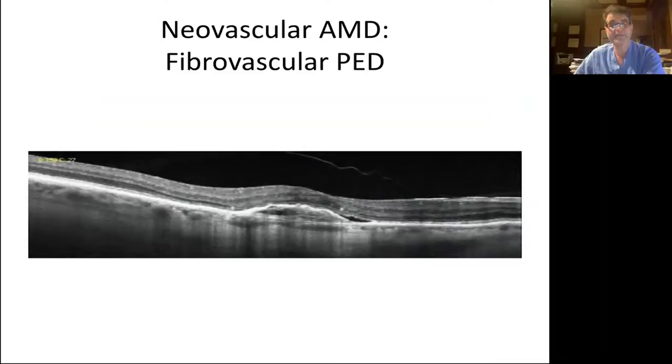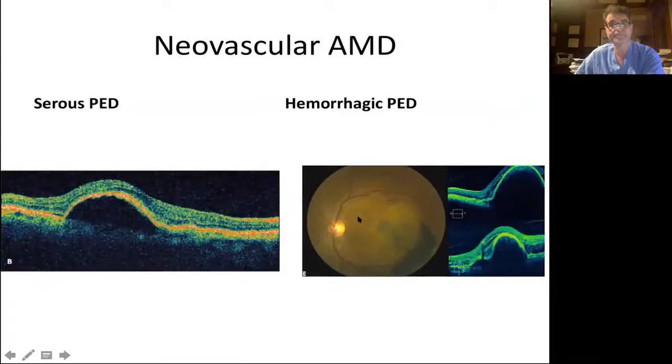In neovascular macular degeneration, we have this very typical fibrovascular pigment epithelial detachment shown here, and there's some associated subretinal fluid. Other common elevations of the RPE include this serous pigment epithelial detachment.